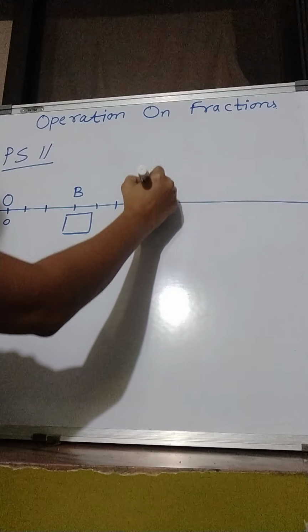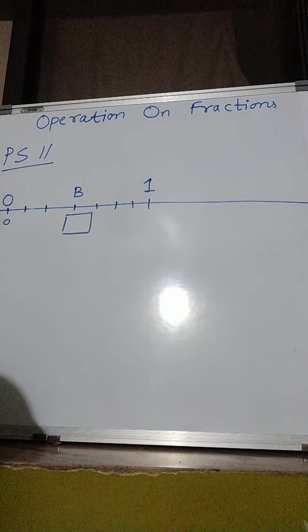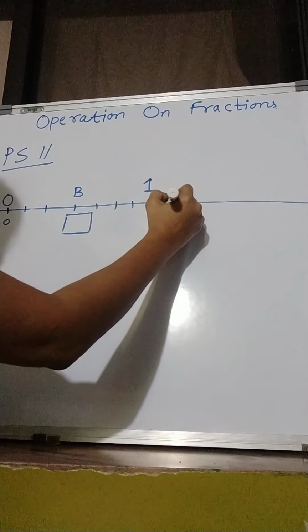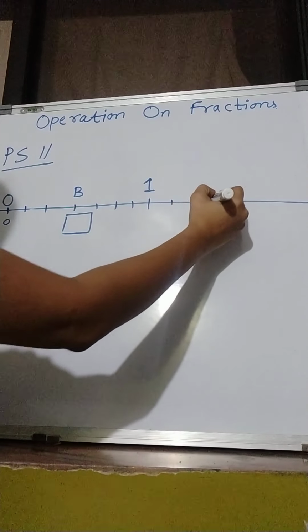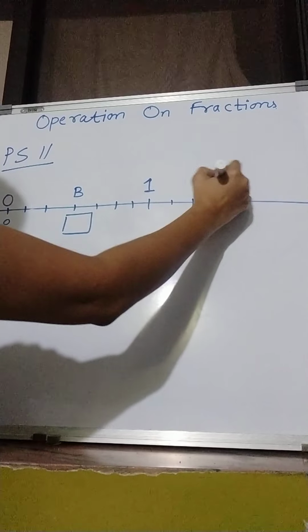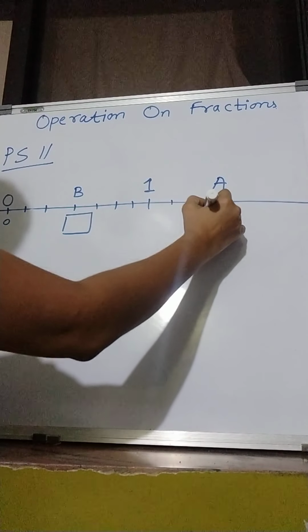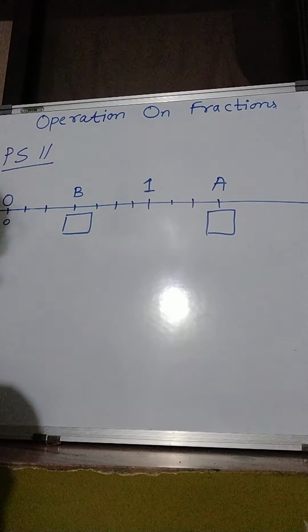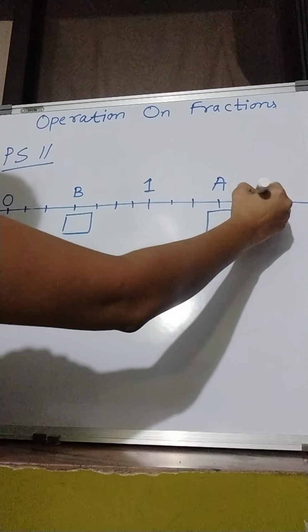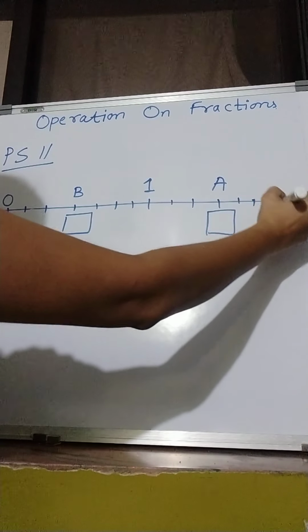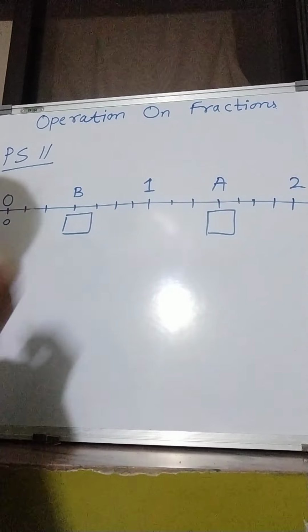On this place your 1 is written. After that 1, 2, 3. A is written. Box is there. Then 1, 2, 3. Here 2 is written.